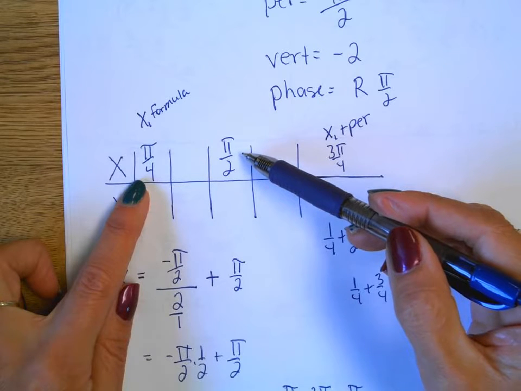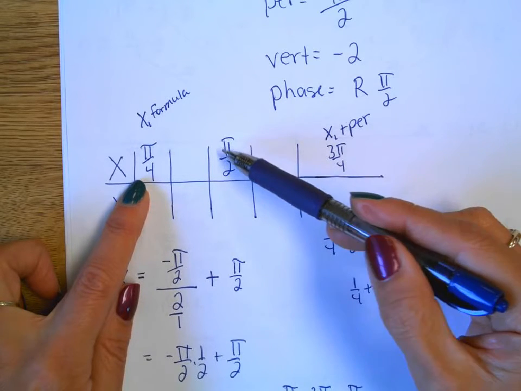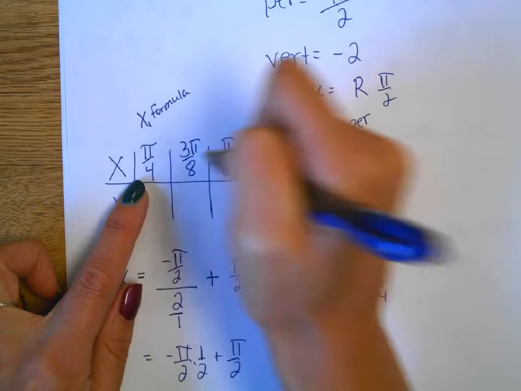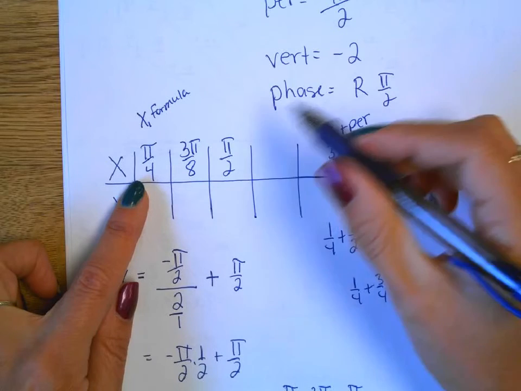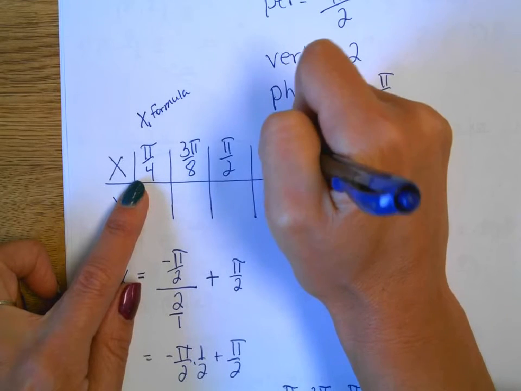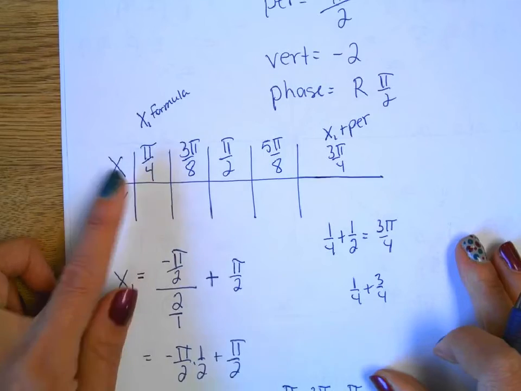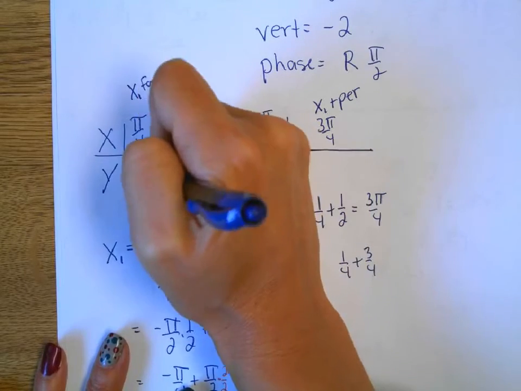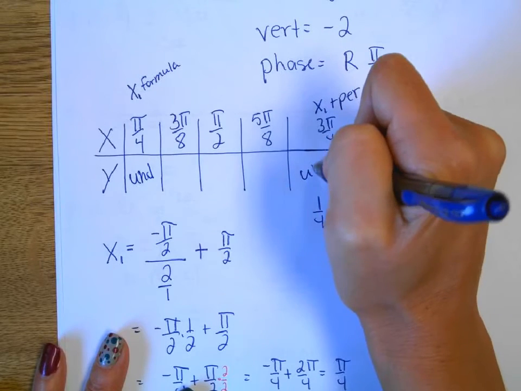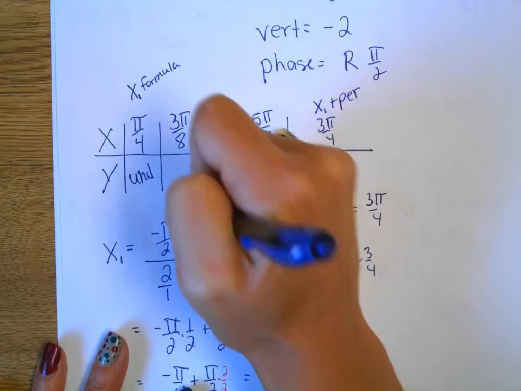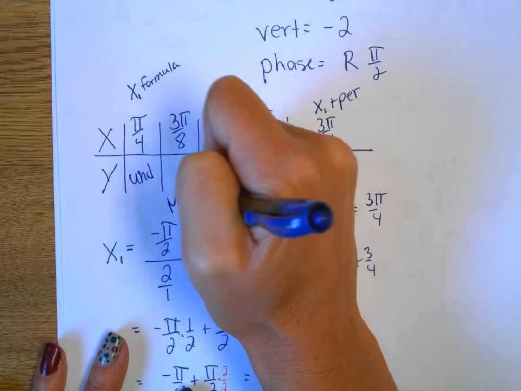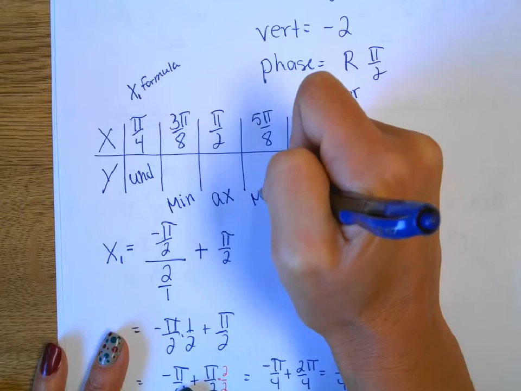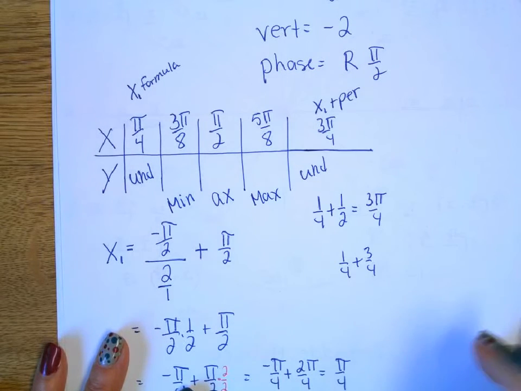So that would be 2 over 4, 3/8, and then 5/8. I can fill in undefined and undefined. And the pattern is min, axis, max.